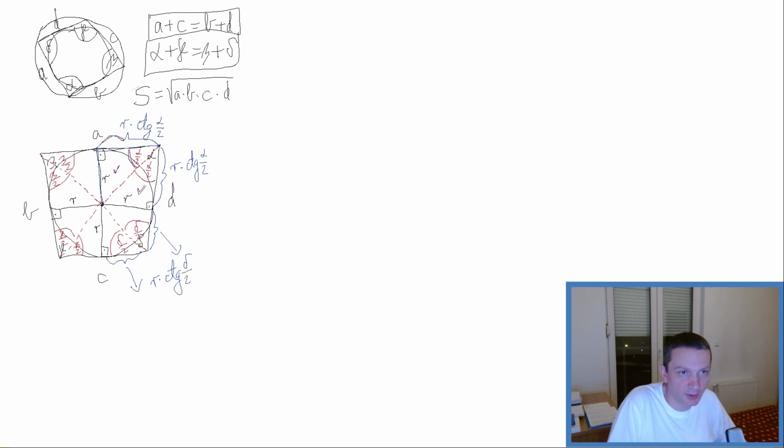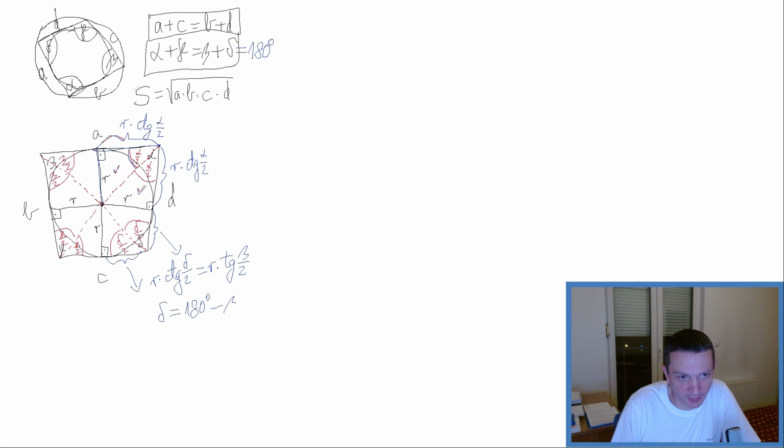But because the sum of alpha and gamma, and of beta and delta, is equal to two right angles, 180 degrees, this is also r times tangent of beta half, because delta is 180 minus beta.